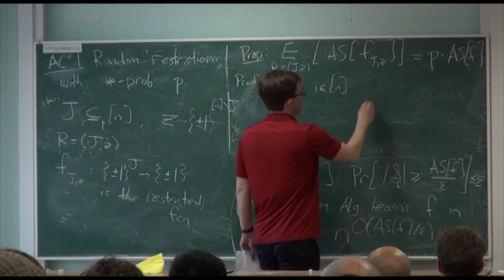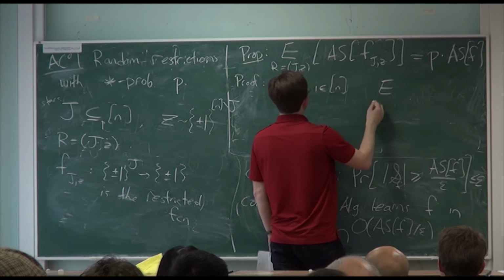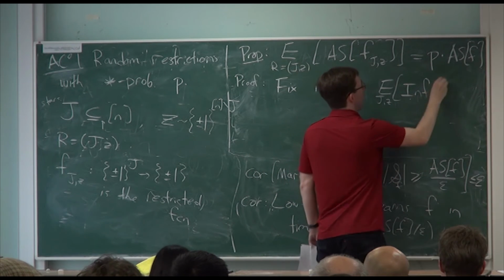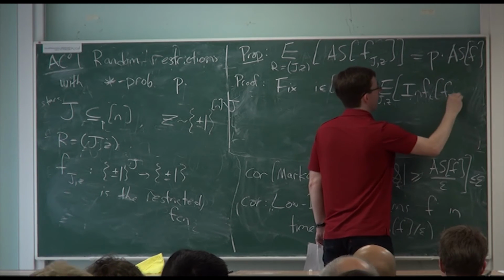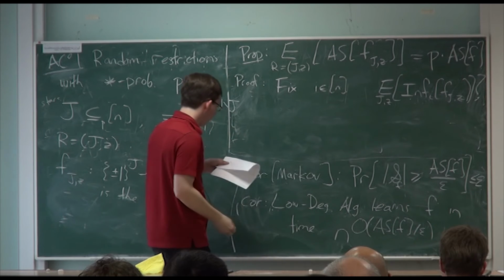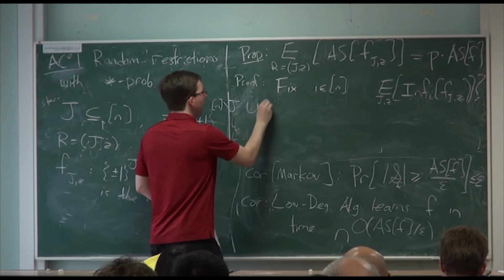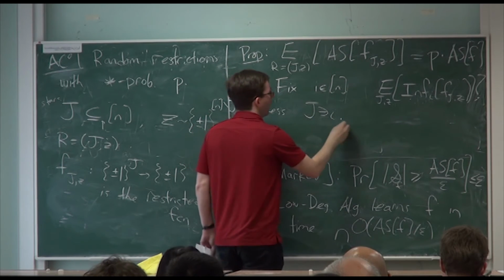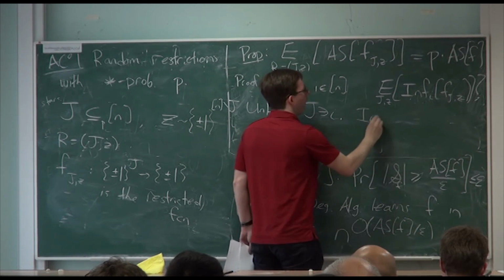Well, what can we say about the expectation over this random restriction of just the influence of the ith coordinate on the restricted function? Just put a question mark there. Well, unless this star set J contains I, this influence will be 0.